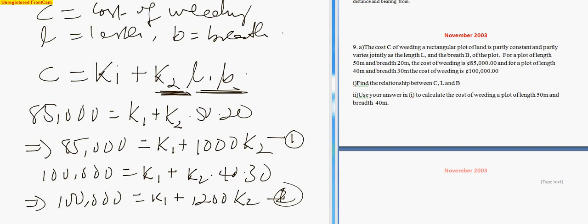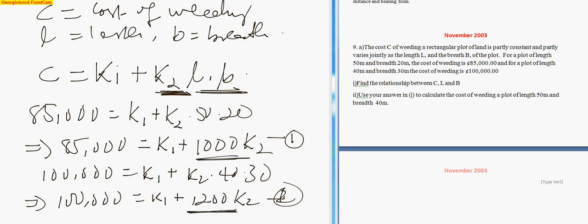Now this becomes a simultaneous equation. You notice if you subtract equation 1 from 2, K1 and K1 will cancel, and you're going to have K2. It's always smart to subtract so that you don't get negative numbers.